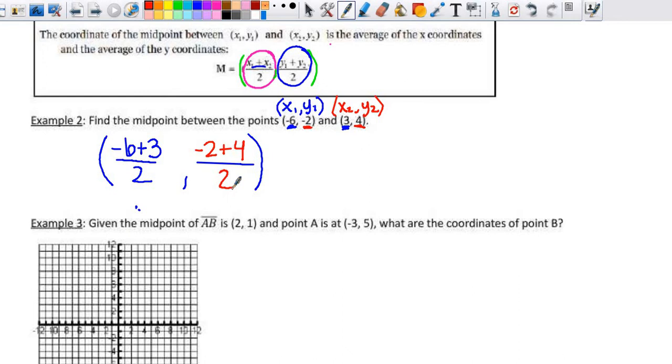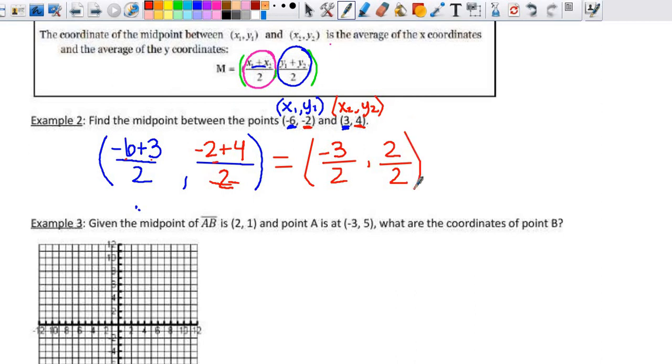All right? So now let's just do the math. -6 plus 3 is -3, and we would still need to divide that by 2. Then -2 plus 4 for our y's is 2, and that's still going to be divided by 2.